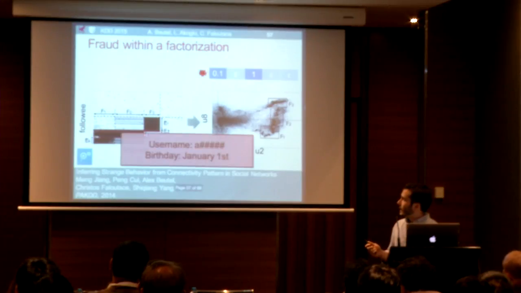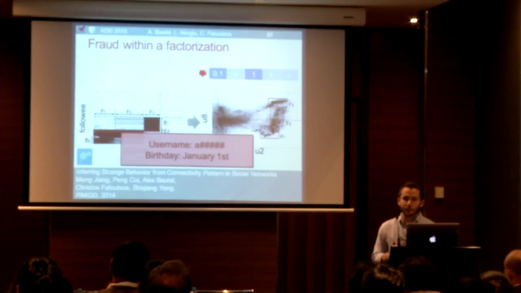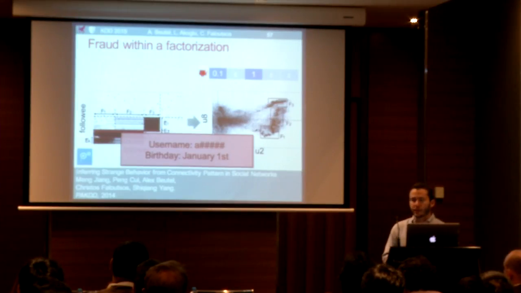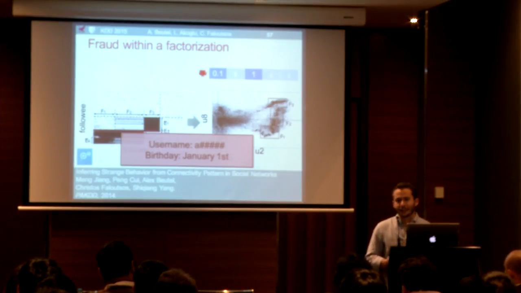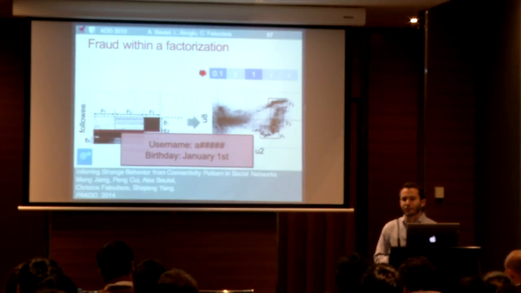And so when we went back and analyzed, these accounts all end up being very similar. We only used the raw static graph for this. But if you go back and look at the side information, you can look at the user name, which ended up being always a number, right? So there's a clear pattern, not remotely realistic, and a birthday of January 1st. So these are clearly anomalous for some sort of adversarial purpose, and just showing up in the graph behavior.